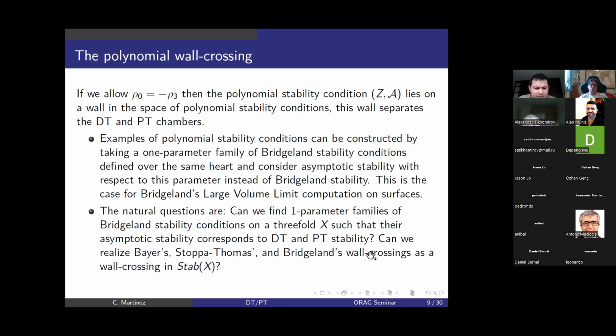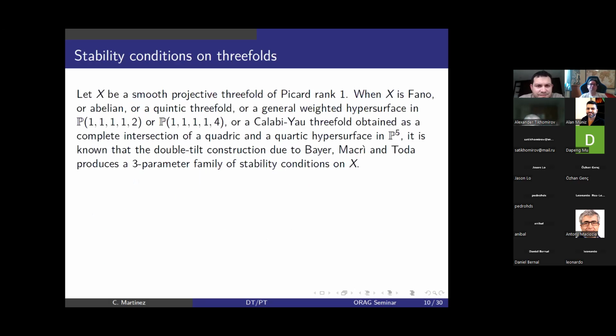And if I can do this, can we realize these Bayer, Stoppa-Thomas and Bridgeland wall crossings, not just in polynomial stability as GIT, as something categorical, but actually as a natural wall crossing in the stability manifold? So these are the questions that we pretend to respond to today.